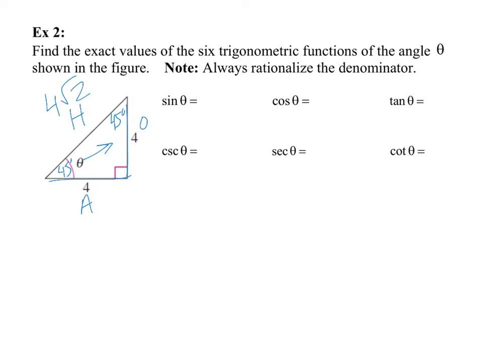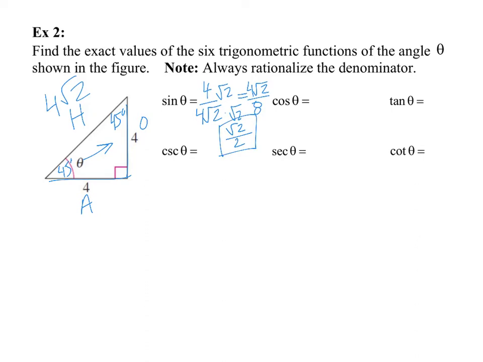All right, now I could figure out all of my functions here. So I have opposite, which is 4, over hypotenuse, which is 4 square root of 2. All right, this simplifies. I need to rationalize the denominator. So I get 4 square root of 2 over 8, which gives me square root of 2 over 2.